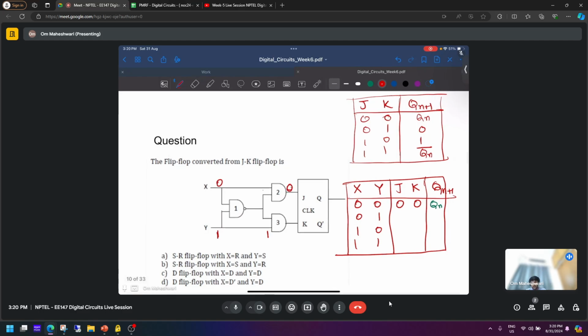So in a NAND gate, whenever one of the inputs is 0, output is always 1. So here the input to this NAND gate is 0 and 1, so output is 1 here. So if it is 1 here, this AND gate output is, no matter what, 0. This AND gate output is 1. So this condition is 0, 1. And then the 0, 1 condition in JK flip-flop is 0.